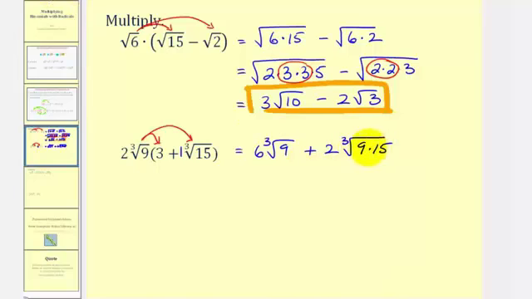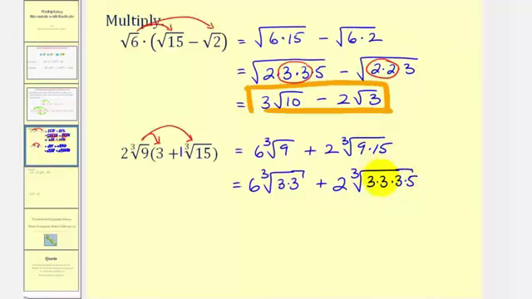And now we want to simplify the cube roots if possible. So we'd have 6 times the cube root of, well, 9 is equal to 3 times 3, so we can tell this is not going to simplify because we don't have three equal factors or a perfect cube factor, plus 2 times the cube root of, well, 9 is equal to 3 times 3, and 15 is equal to 3 times 5.